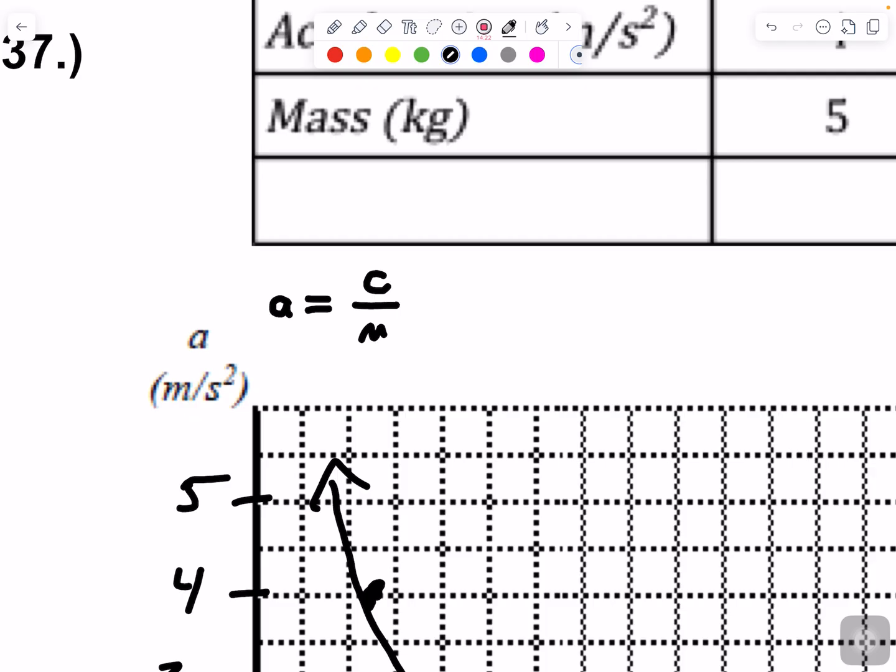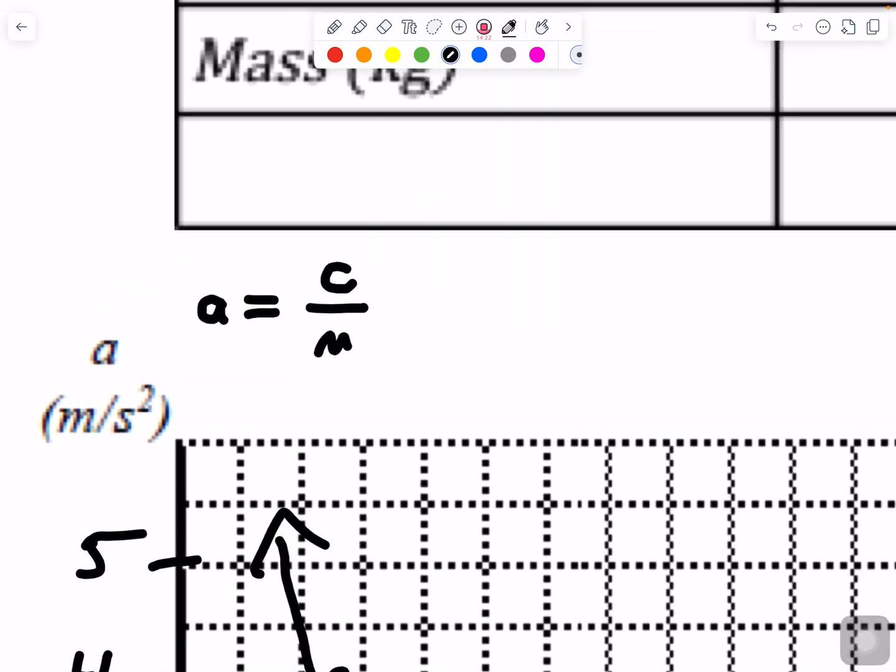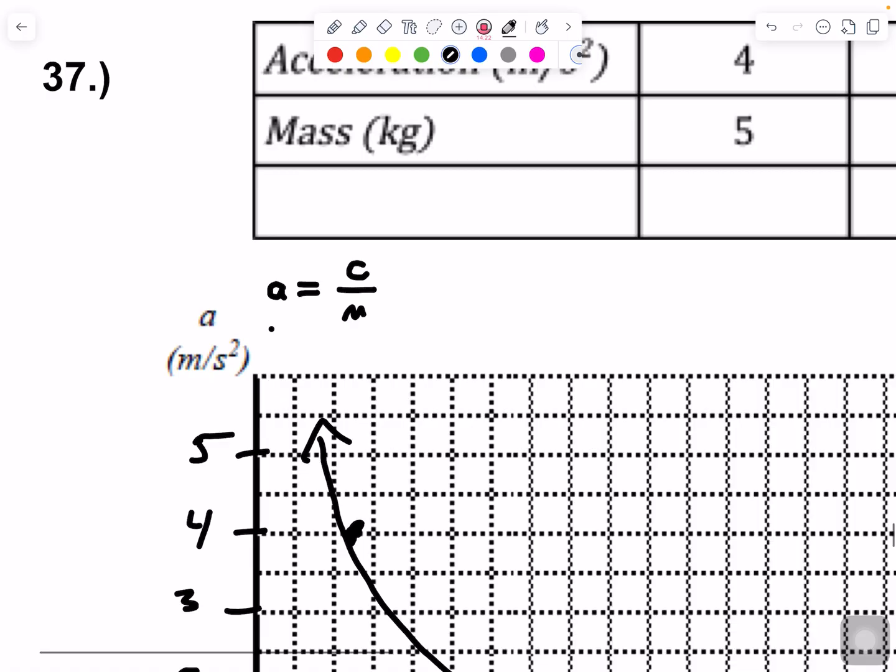Well, how can we get this thing linearized? Well, this is supposed to be on the y-axis. Clearly, mass is on the x-axis, but if we plot mass as is, we get this decreasing function. But what if we try something different? I'm going to rewrite this. And the equation, of course, we're using is Newton's second law.